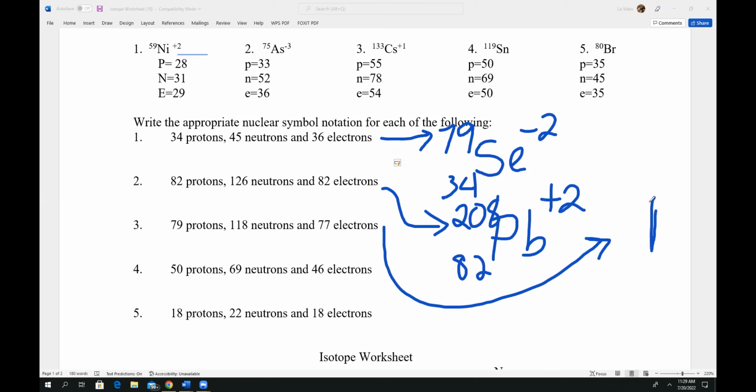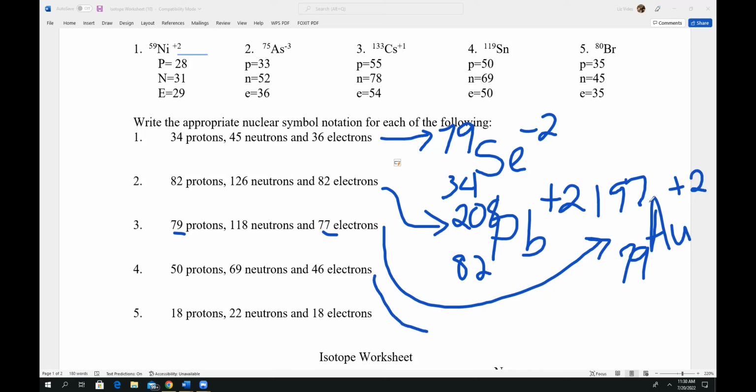So this is gold. 79 goes down here. And we're adding 79 plus 118. That's going to give us 197, right? 197. And then we have a difference here, which means that we have lost 2. And there's your nuclear symbol notation for the gold atom.